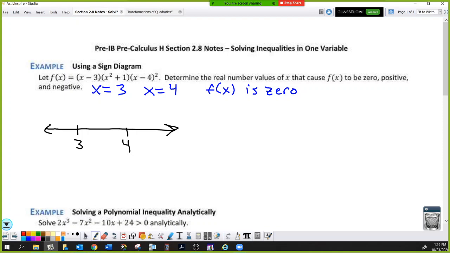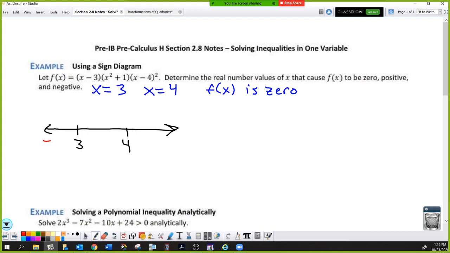Plug in numbers. A really easy number to plug into the parentheses to the left of 3 would be 0, right? So let's see, that first set of parentheses would be 0 minus 3, which is negative. And the second set would be, well, hey, look at that next one. That's x squared plus 1. It doesn't matter what numbers I plug in there.